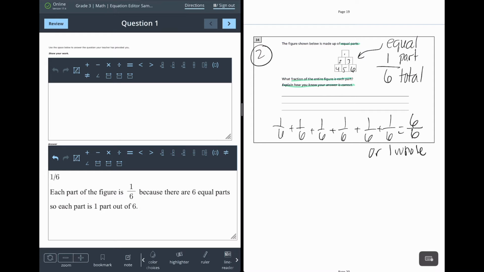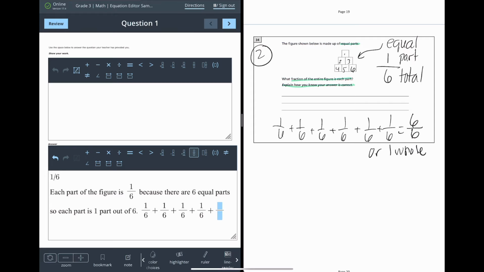I could either try drawing this, and I want you to feel what this is like. 1/6 plus, ooh, it should be outside, plus 1/6 plus 1/6, and I want you to feel what this is like to do it, so that the day of the test you don't get tired and feel like it's weird. It's going to feel weird the first time. It just will, because it's new to you, and that's okay.